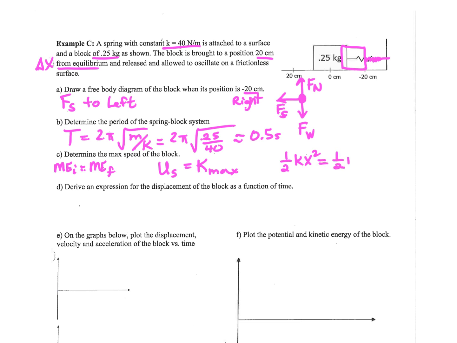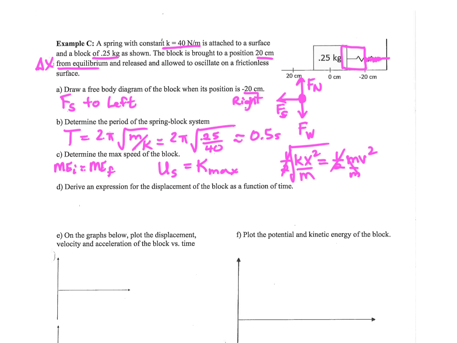Okay. The halves go away. That's nice. So if we solve for v, we're going to divide both sides by m. It goes away and take the square root. Okay? So now, what is our max speed? Well, we can plug all this in, can't we?